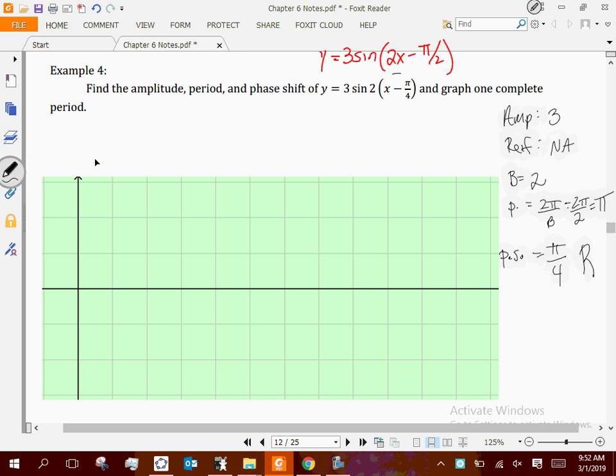Okay. So I'm going to develop where my pi is. I'm going to go 1, 2, 3, 4, 5, 6, 7, 8 marks out. There's pi. And we're doing sine, right? There's pi. Halfway would be pi over 2. And what's this one over here? 3 pi over 4, right? And then obviously that one's 0.